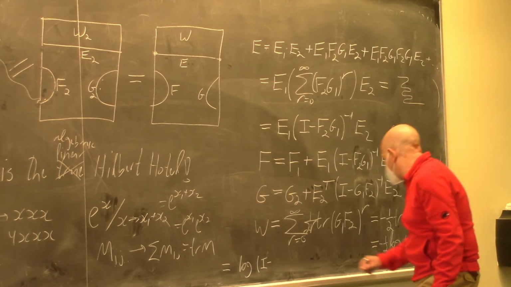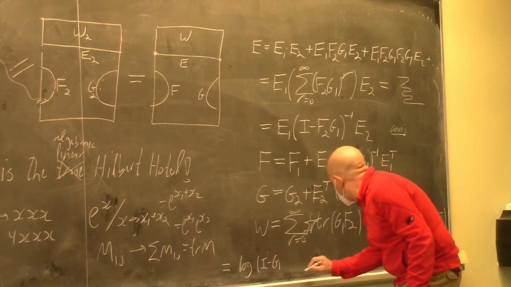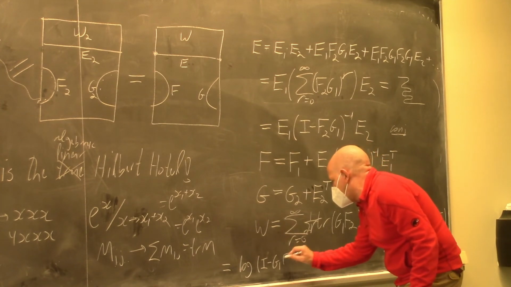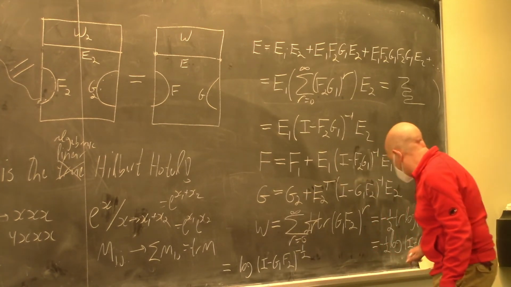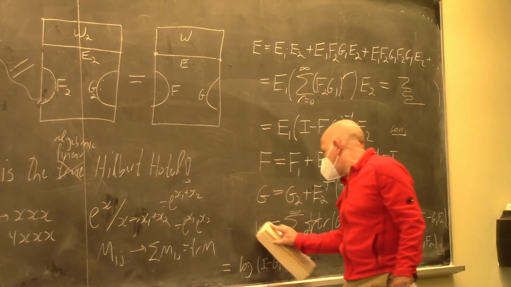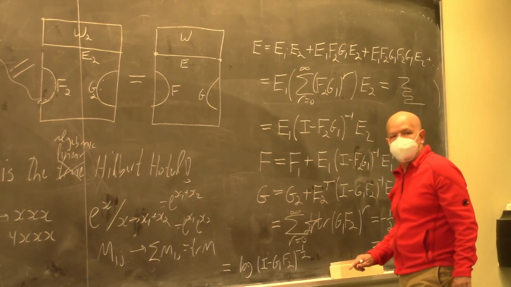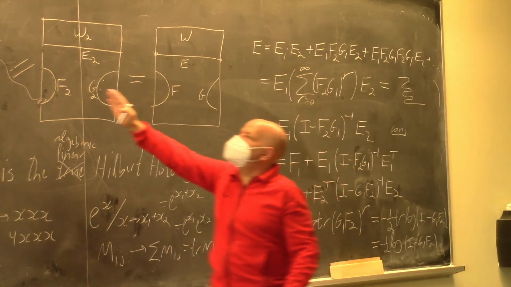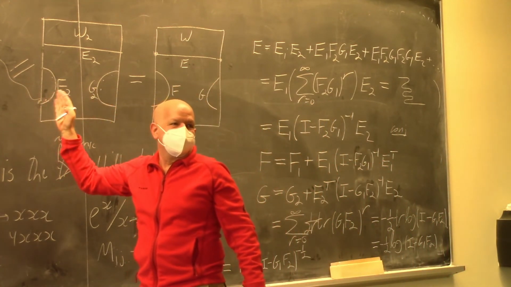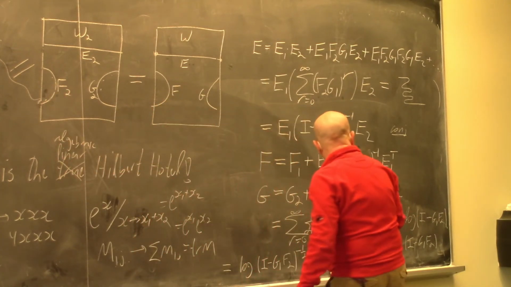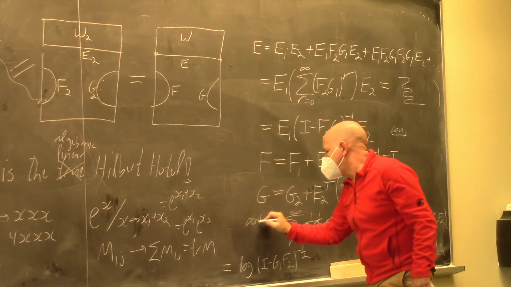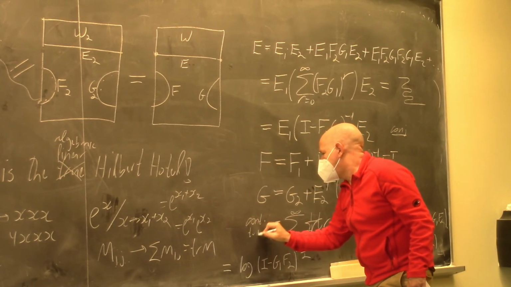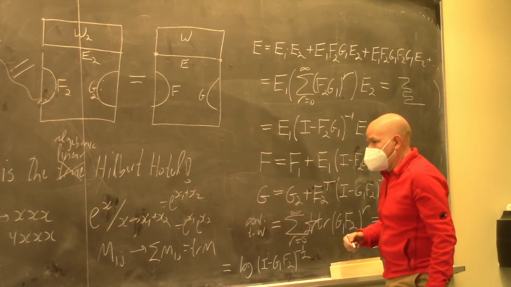This is the logarithm of the determinant of 1 minus G1 F2 to the power minus 1/2. And what I did here was not computing omega. I was computing one specific contribution to omega. So now what is omega?